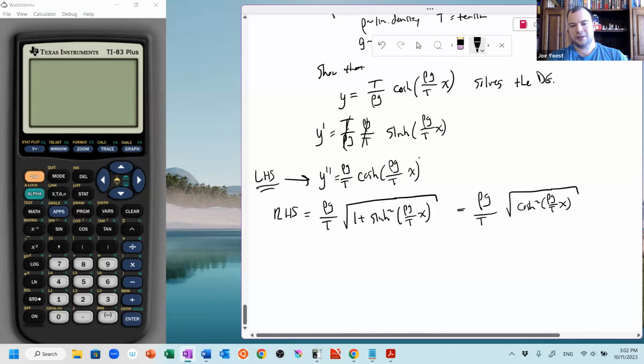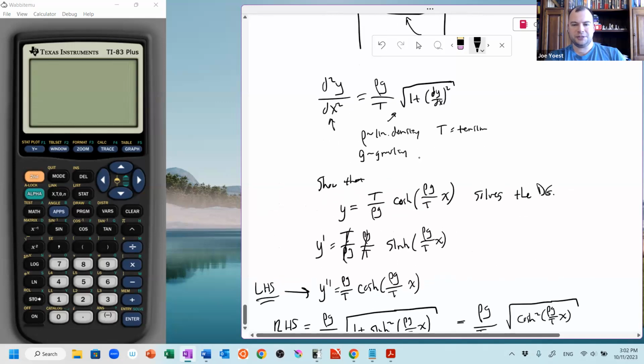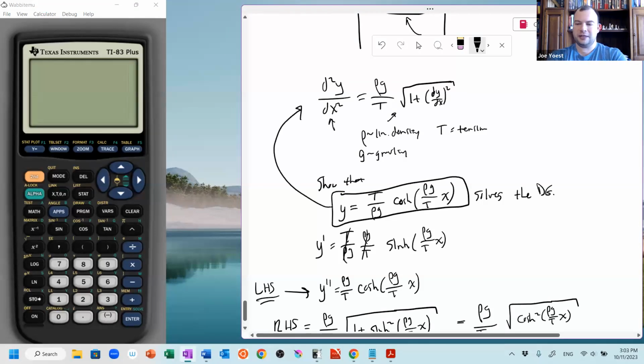And square root and cosh squared. And I note that rho g over T cosh of rho g over T x is indeed exactly y double prime, which is the left-hand side. So I've shown that this function, T over rho g cosh of rho g over T x, does satisfy that differential equation.